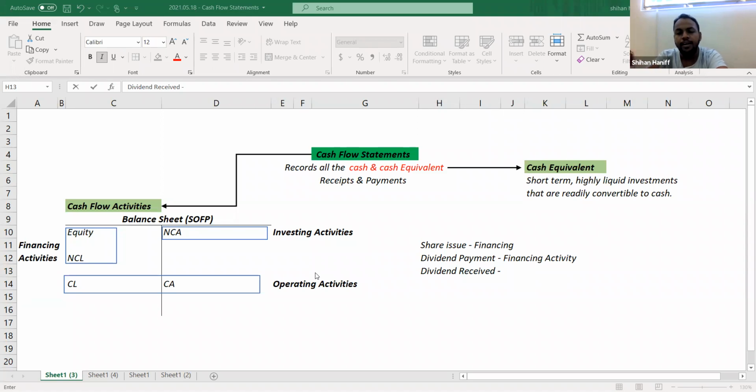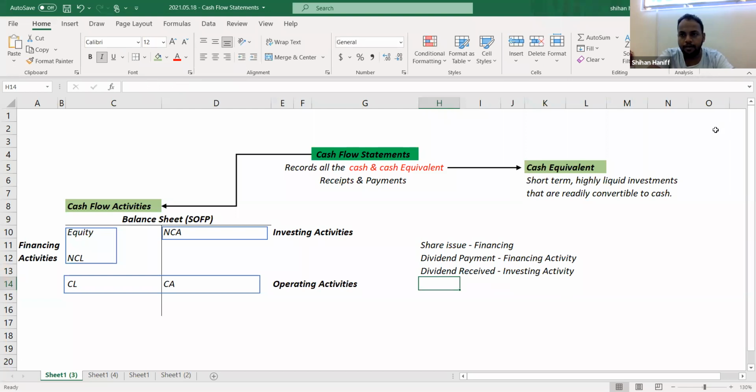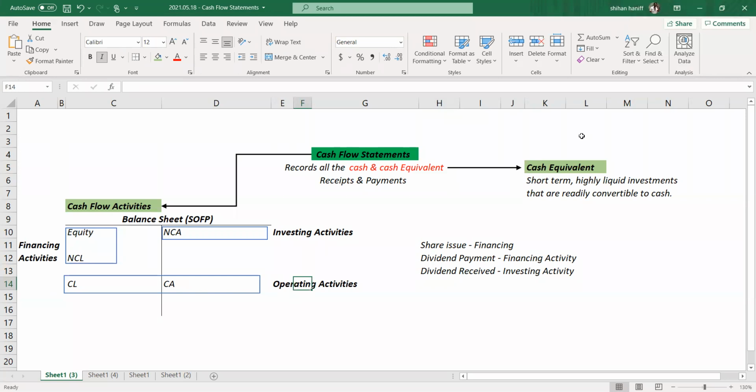If we have invested in shares in other companies, we receive dividend. So it is investing activity. Dividend received is investing activity. Right? So any transaction related to current asset, current liabilities, those are operating activities. Sales related, debtors related. Those are operating activities. Okay.